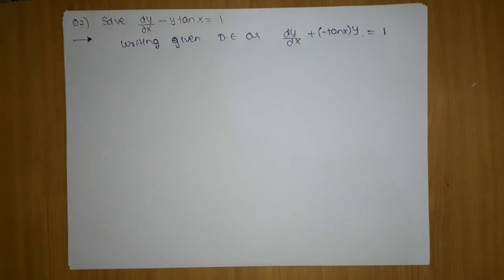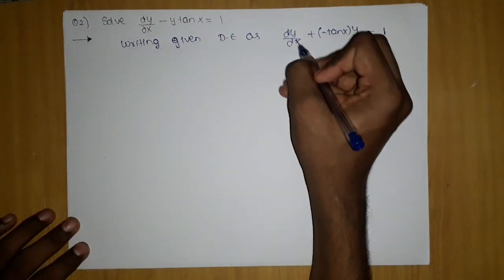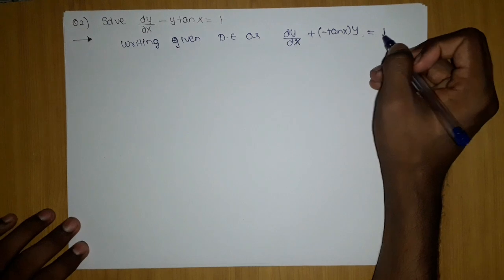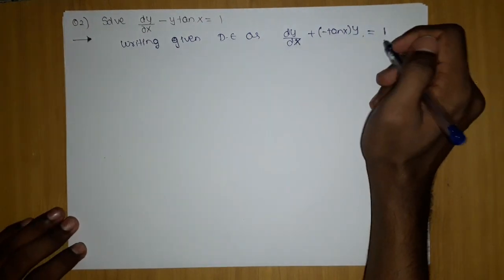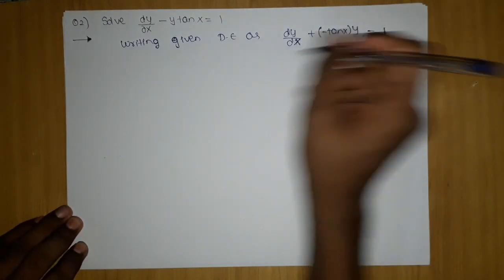Remember, in the independent variable on the right side, a constant number can also appear. It is not necessary that it should be a function of x. Here a constant number appears, so it is a good example.